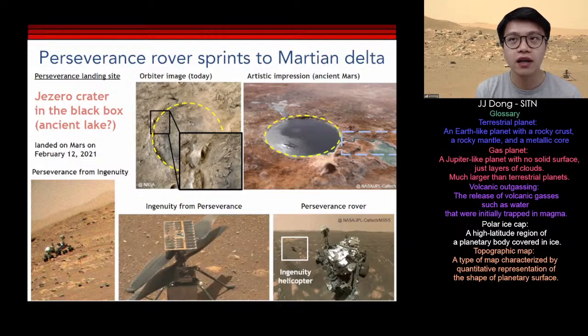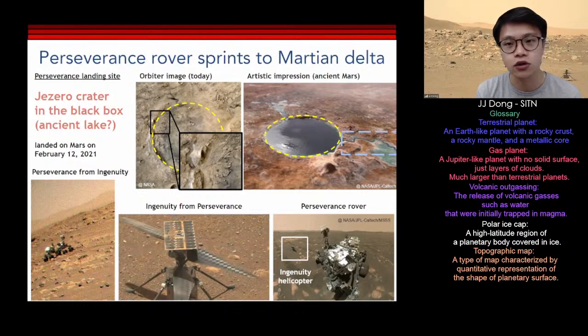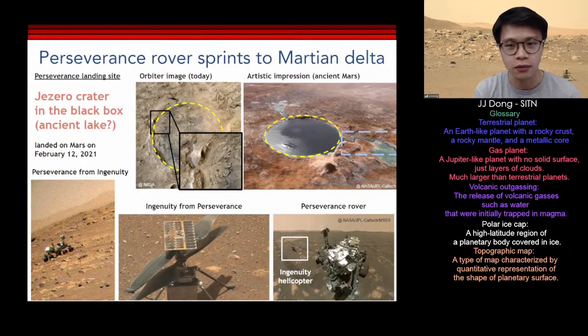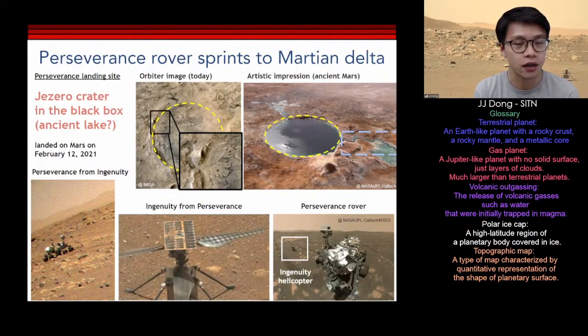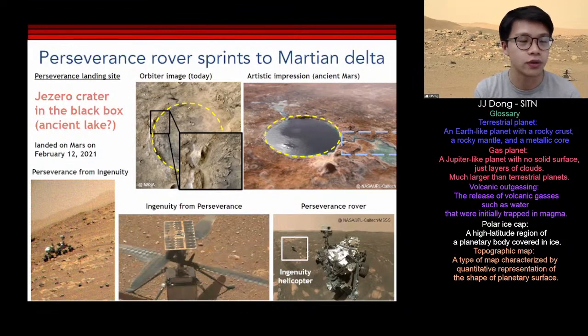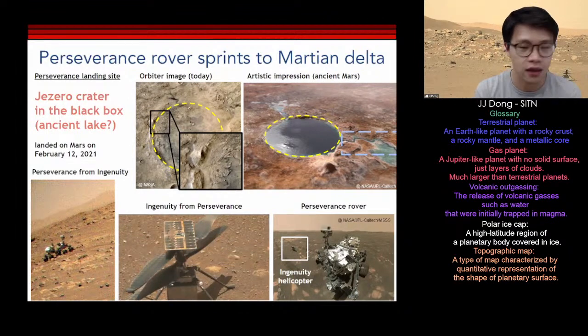And I think so far it has performed around 20 flights. This is very exciting, and it's a milestone of our Martian exploration because this is the first powered, human-controlled extraterrestrial flight we have ever performed.